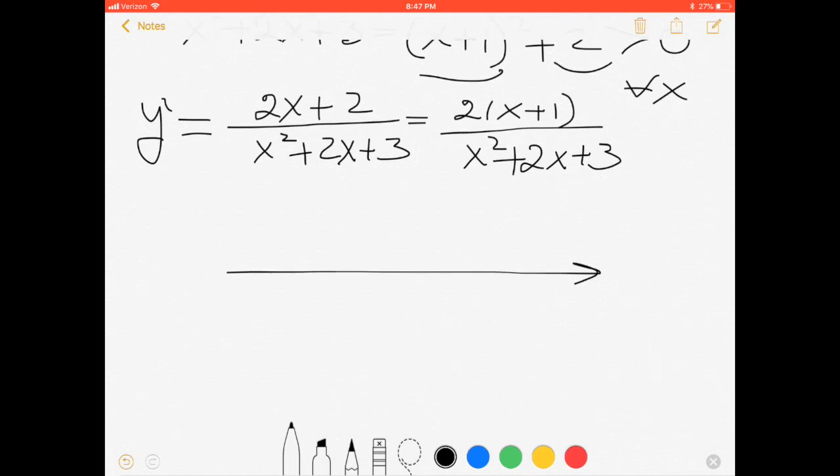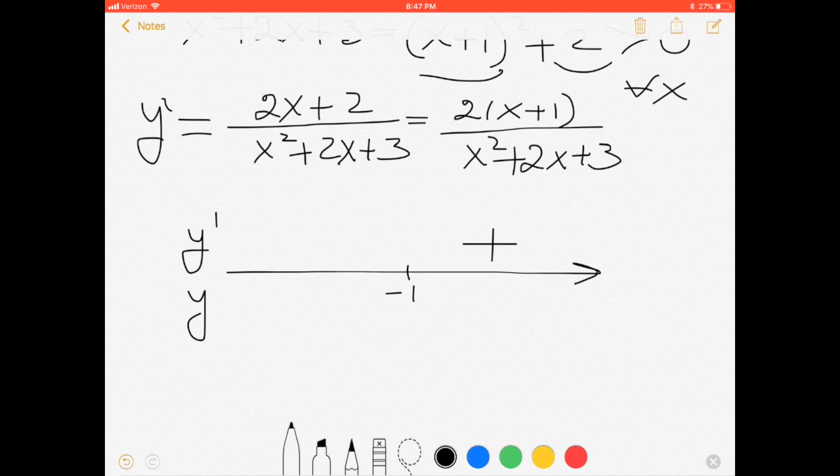This means if we build some axes, with information about the derivative, and this is information about the function, one point makes the derivative 0, it's negative 1. If x is greater than negative 1, you have a positive derivative.